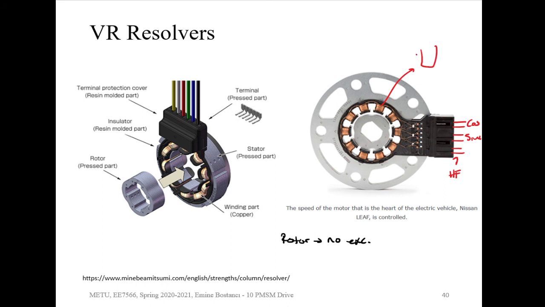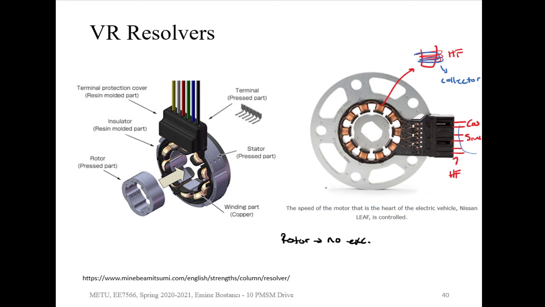On the teeth, first we are going to have the high frequency, and then depending on their position, on top we are going to have the collector winding. It's going to be the sine winding or the cosine winding. And by looking at their phase shift between sine and cosine, we can find out the position. So actually, even if it is standing, you can calculate the position. Here you can see there are just 6 terminals from all of them.